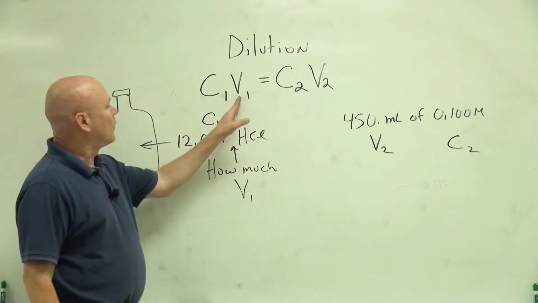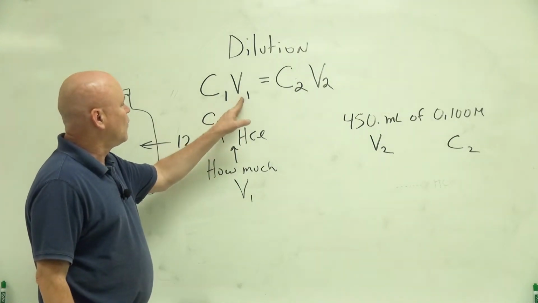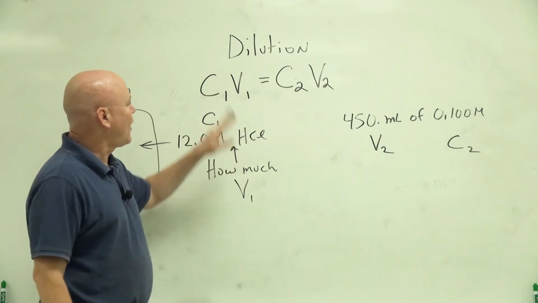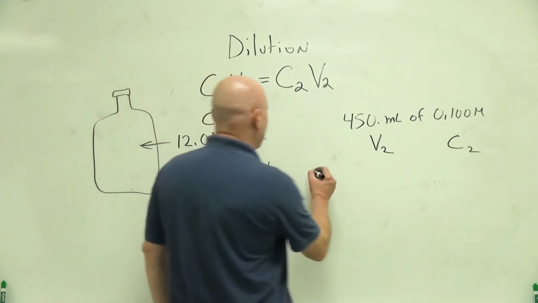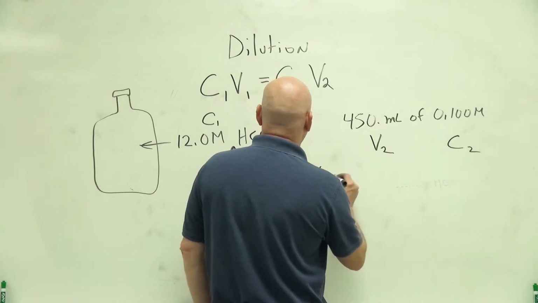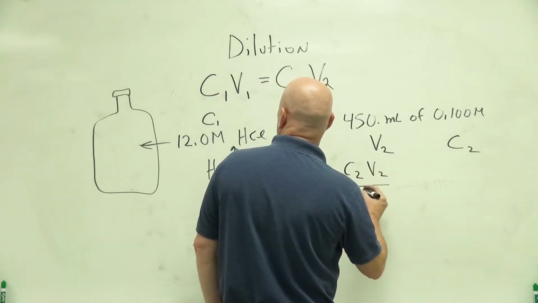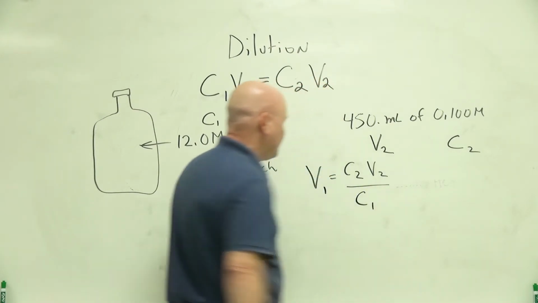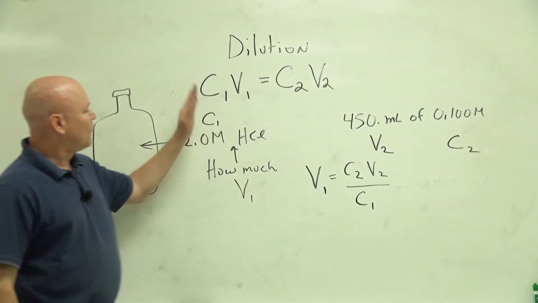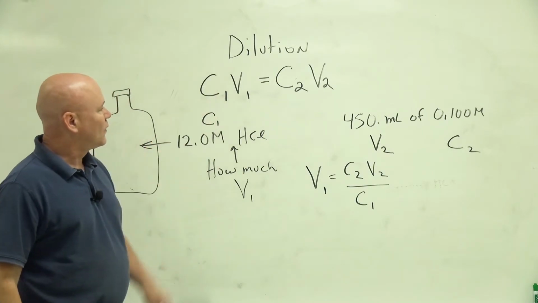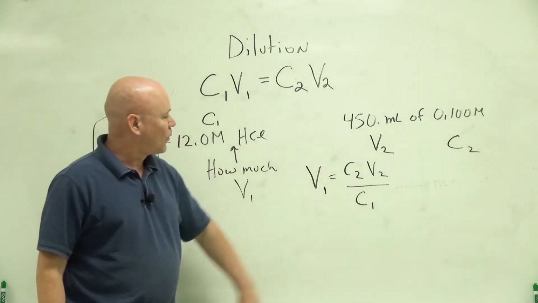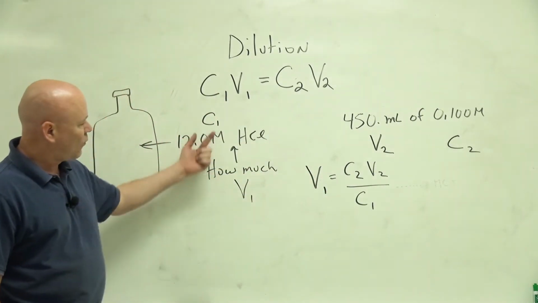All right, so we're going to solve this for V1 and get V1 by itself, which means we divide both sides by C1, and so we end up with V1 equals C2 V2 over C1. All I did was divide both sides by C1. The C1 canceled, and we're left with C1 over here, and V1 is by itself because that's what we're looking for.